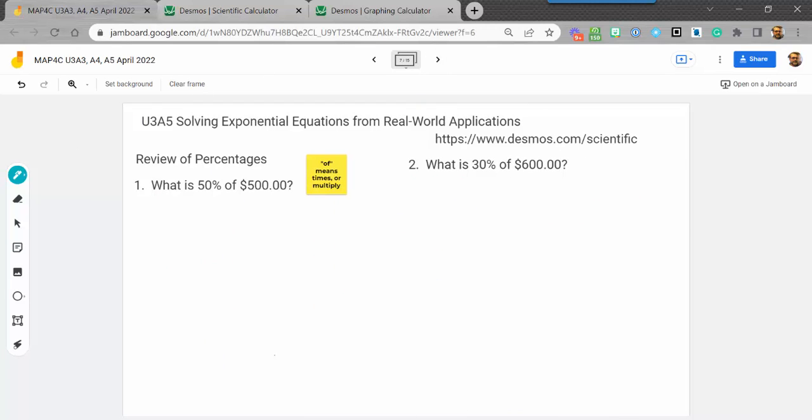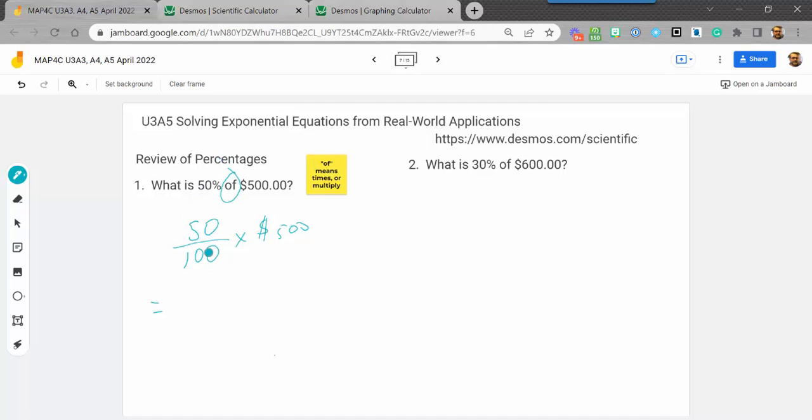Okay, moving on to solving percentages, and just a quick little review of "of" means times. So if you see 50% of 500, that means times or multiply. And we know 50% is the same thing as 50 per 100, like in French, per cent. "Of" means times 500. Now some people may not write 50 out of 100.